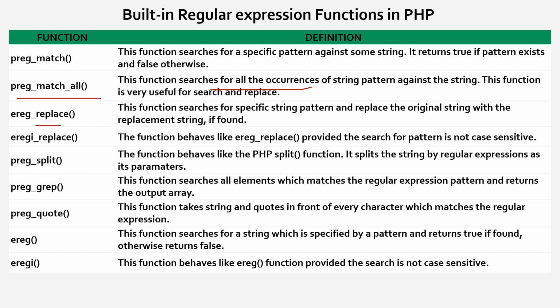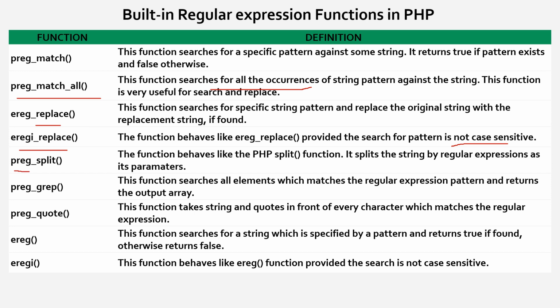Suppose you want to replace one particular word, for example, replace is with was. Wherever the occurrences of is are there, you can change them to was. Similarly there is eregi_replace, which is the same function but not case sensitive. That is the difference.